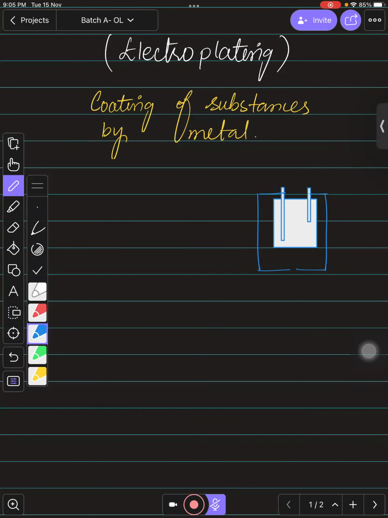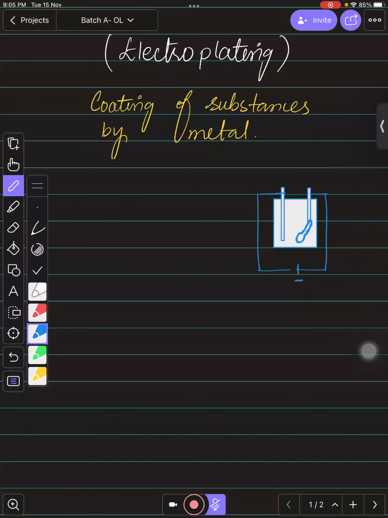For suppose I have a spoon and I just want to coat silver metal on this spoon. So मुझे इस पे metal deposit करवाना है. I want metal on it. तो मुझे इस पे कहाँ लगाना पड़ेगा? All the metals are positively charged ions, so it should be at the negative electrode.